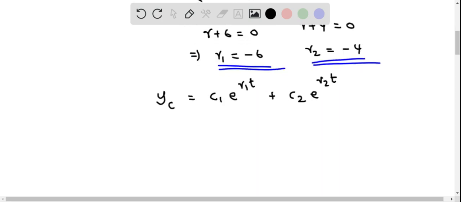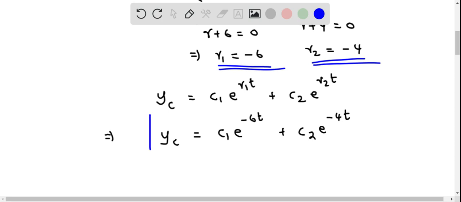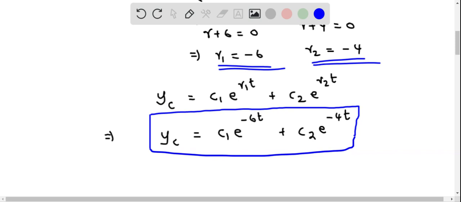Now let's substitute the values of r1 and r2. r1 is negative 6, times t is negative 6t, plus c2 e raised to the power of r2 is negative 4, and negative 4 times t is negative 4t. So we found the complementary function yc equals c1 e raised to the power of negative 6t plus c2 e raised to the power of negative 4t. And this completes step 1.